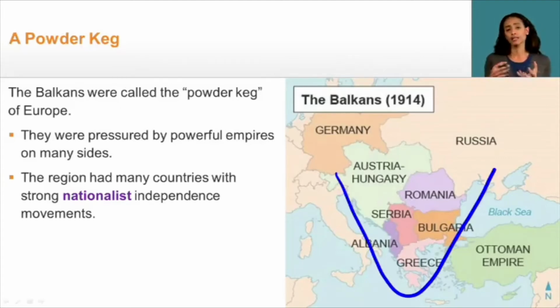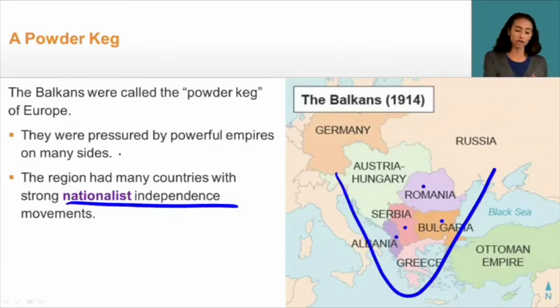So you've got basically these powerful empires vying for different parts of the Balkan region, but on top of that, the region has many countries with strong nationalist independence movements. So remember, you've got all of these different ethnic groups that are all vying for independence at this time. So that's going to combine with that pressure from the powerful empires on both sides.